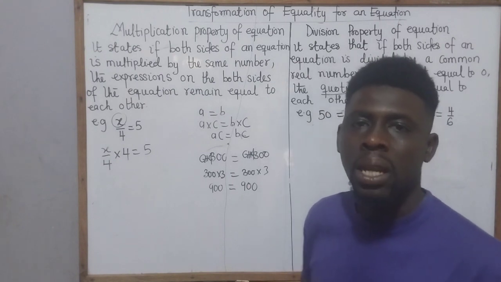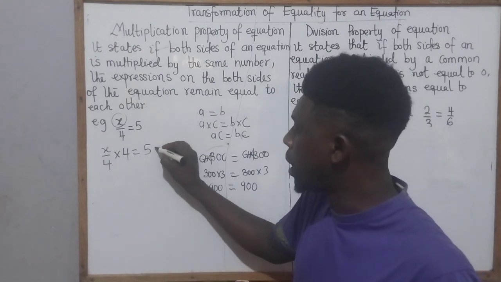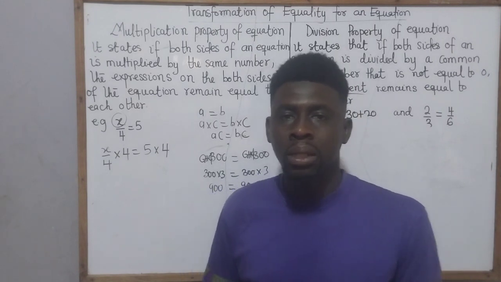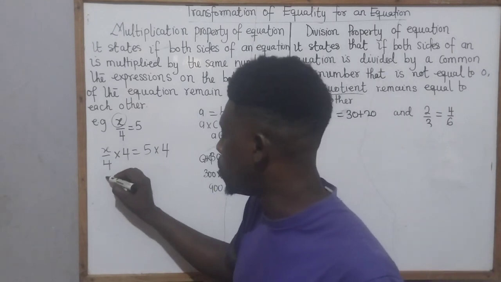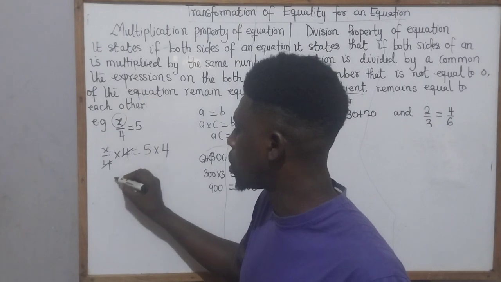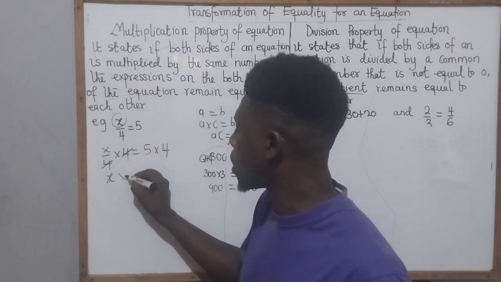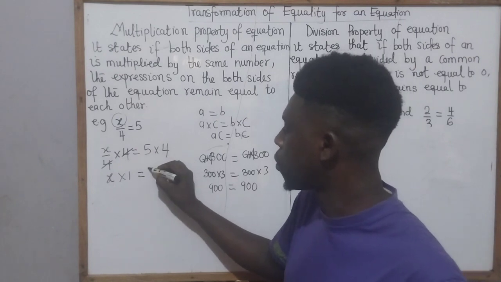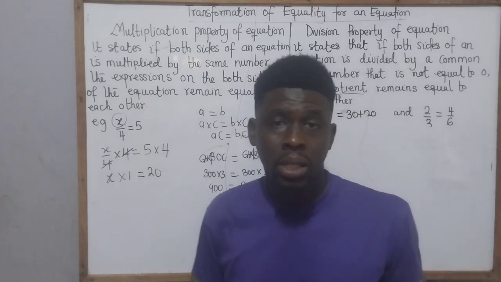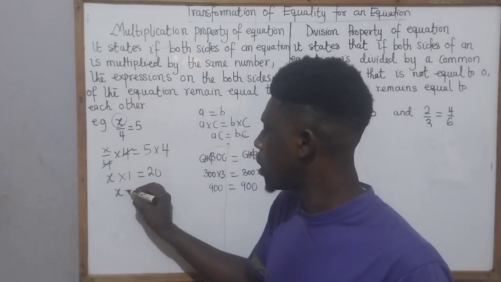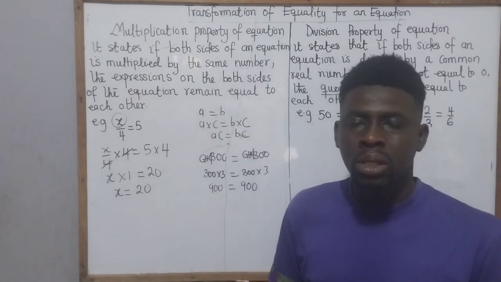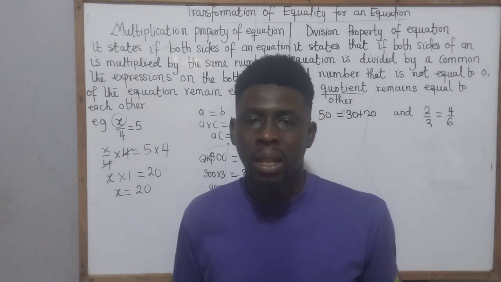So I multiply the left-hand side by 4 and do the same to the right-hand side as the property states. This gives me 4 going into this, making x times 1, which is equal to 5 times 4, giving me 20. Hence, x is equal to 20. We have used this property in finding x.